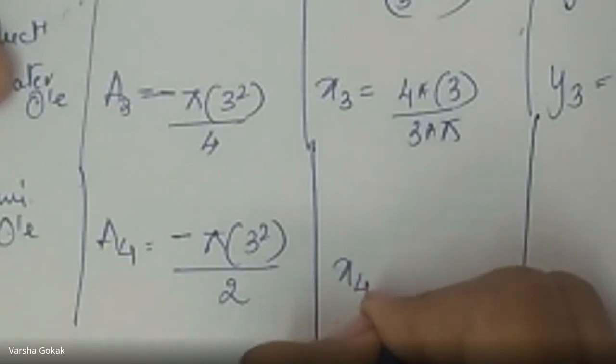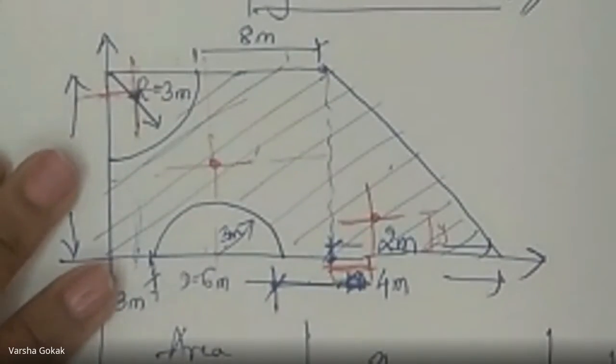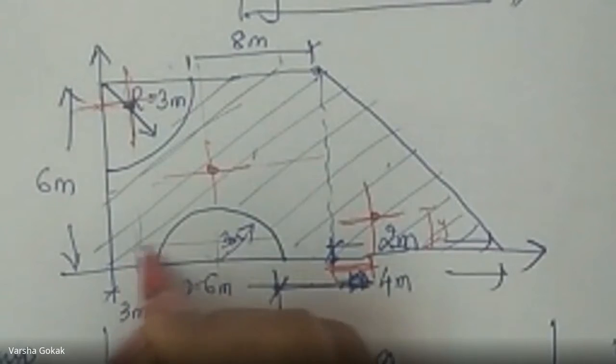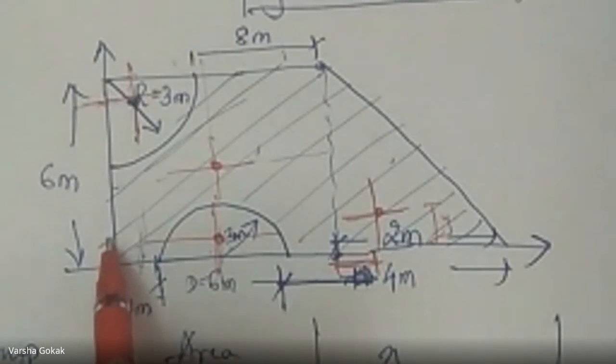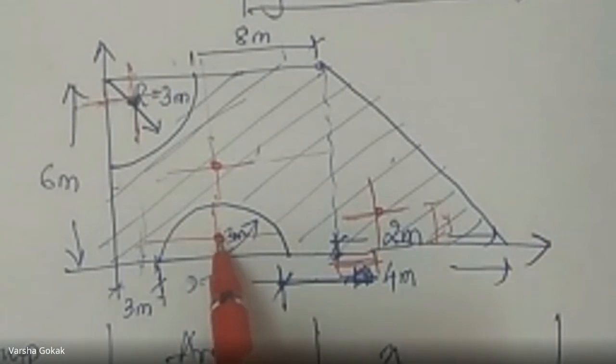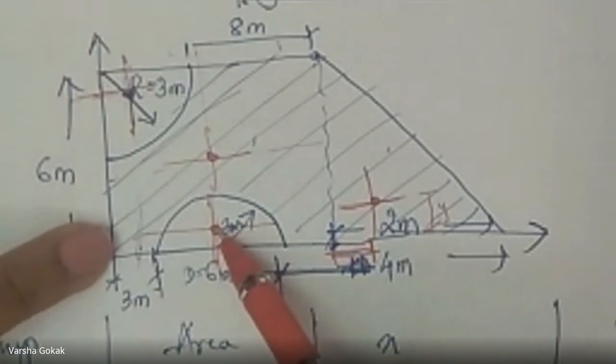Next comes x4. So look into the semicircle. Semicircle CG I will mark first, here. Right? So x is going to be from here to here. What is the distance from here to here?